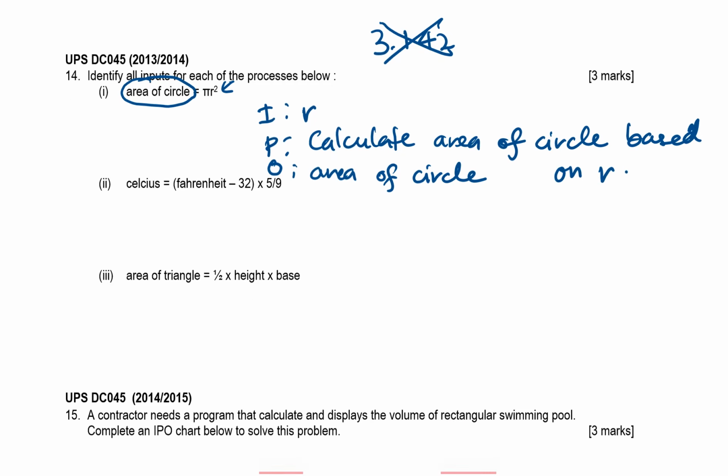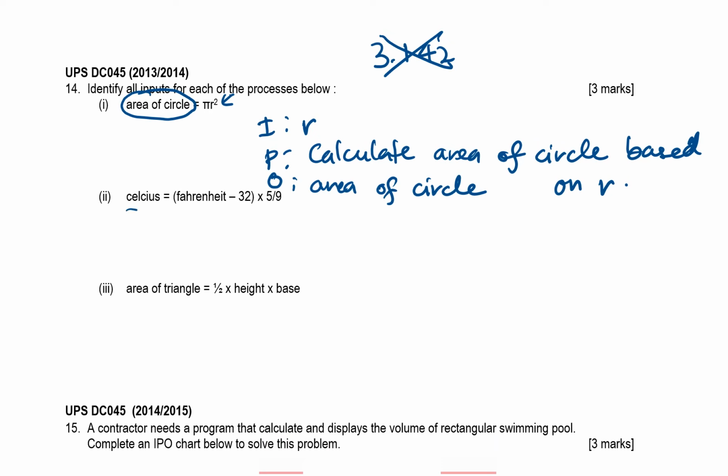Next. How about the second formula? What is the input, process, and output? Of course, the output is Celsius. How about the input? 32 is constant, 5 divided by 9 is constant also.